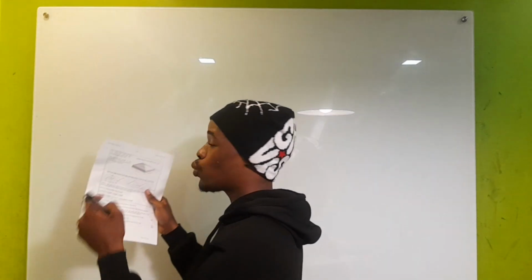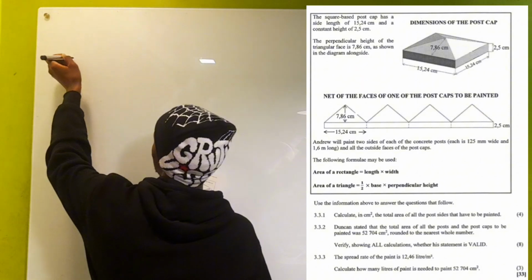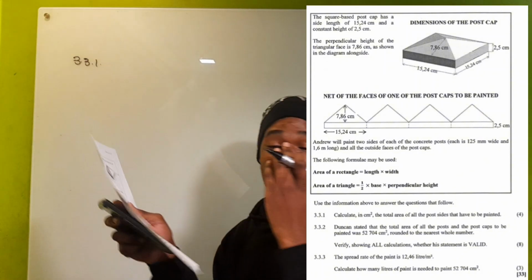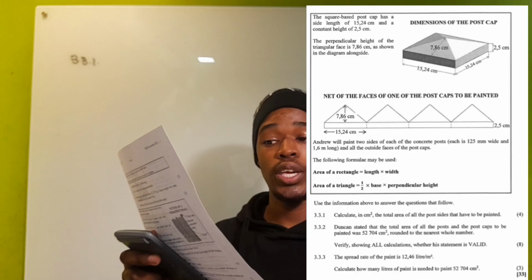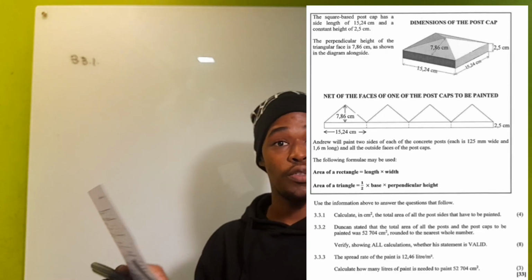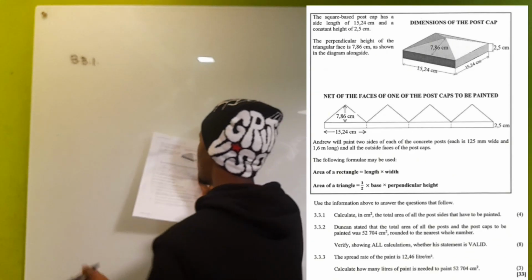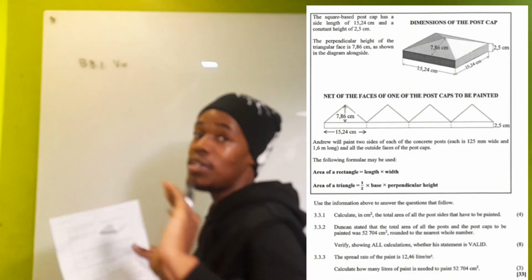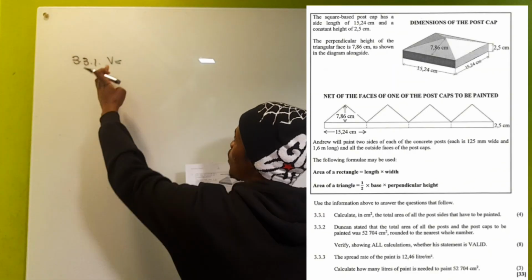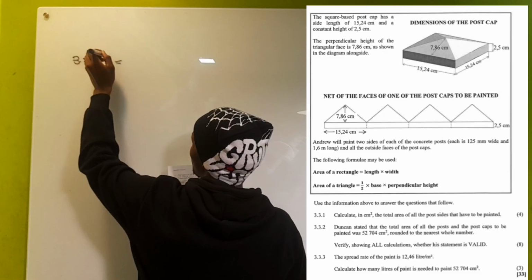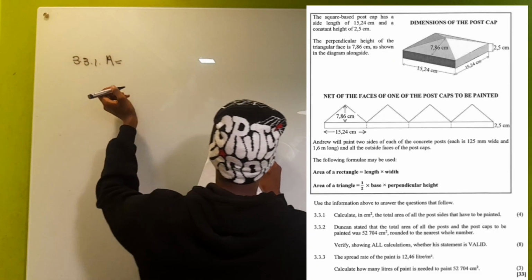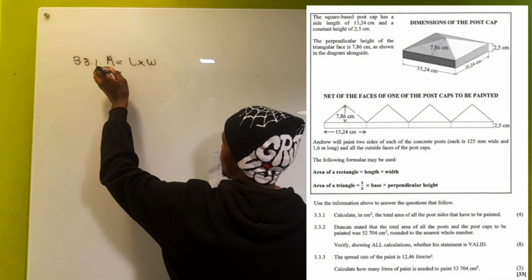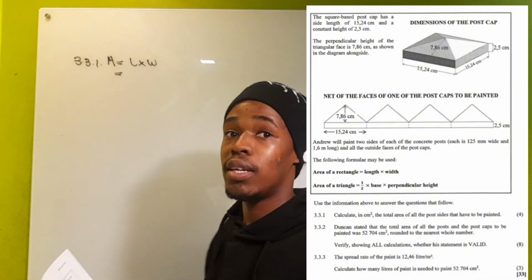We're going to use the formula to calculate the area of a rectangle because we're working with the rectangular part of the post here. So we're going to first write the formula. Always write the formula, guys, even if it's been given to you. Area, not volume, equals length multiplied by width. So that is the formula that has been given to us.